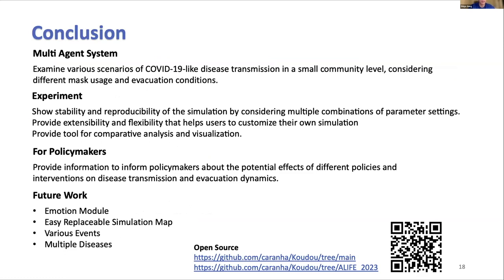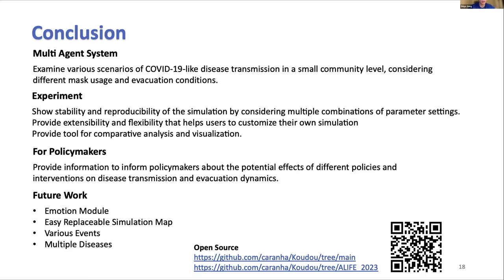In the experiment, we show the stability and reproducibility of our simulation, and we also provide a flexible simulation because the user can customize their own disease model, their own agent model, and the city representation, and so on, to fit their own scenarios. Such a simulation would provide great practical value as a real-world application. In this case, the policymakers will get some potential ideas from the simulation results and perform better disease control measures.